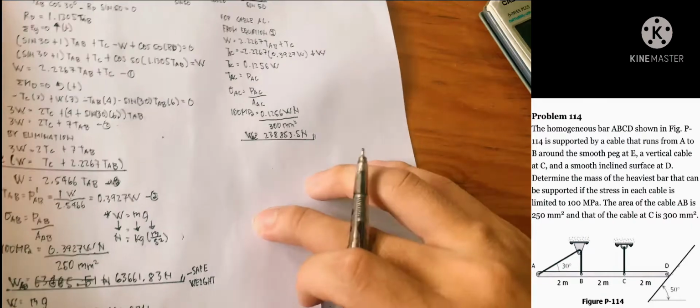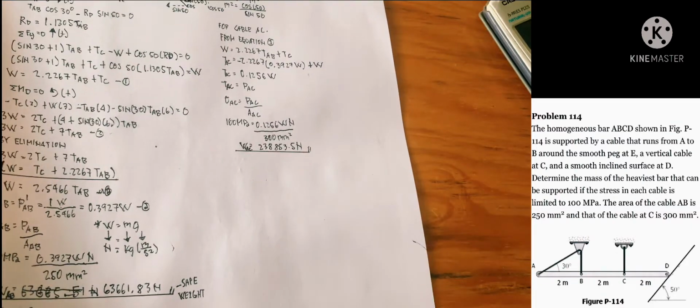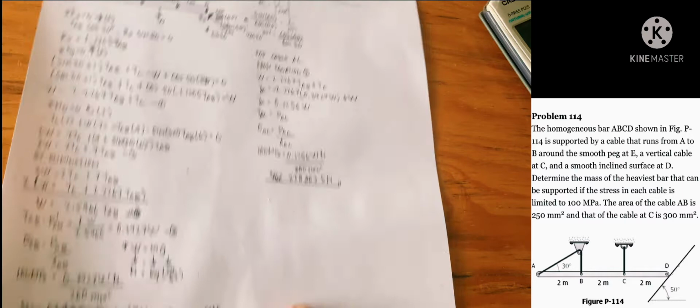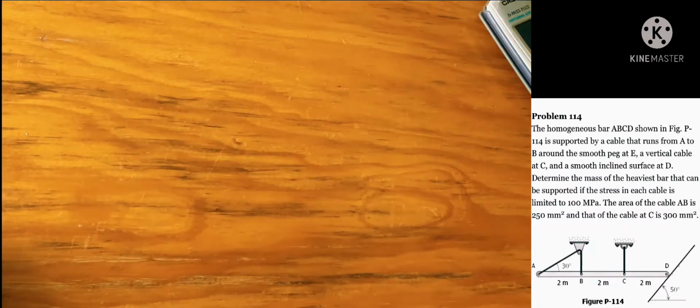That is why we can locate the heaviest mass of the bar that can be supported at AB, segment AB. So thank you.